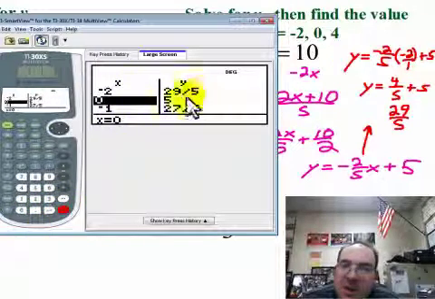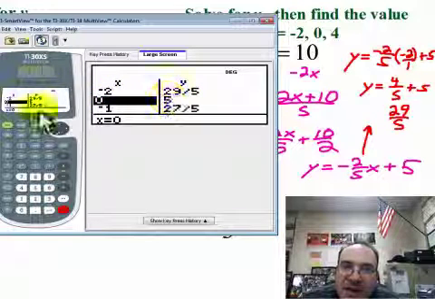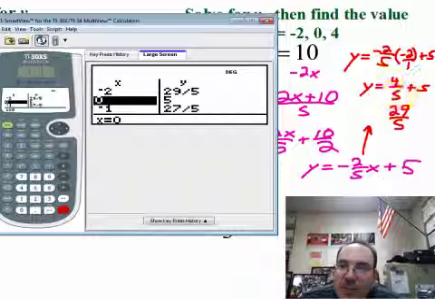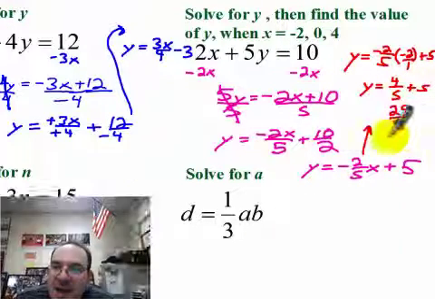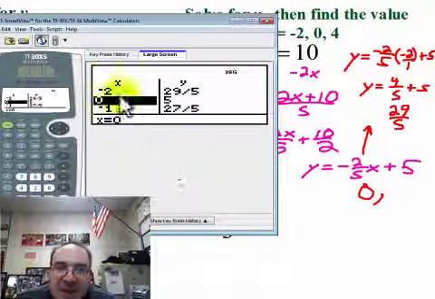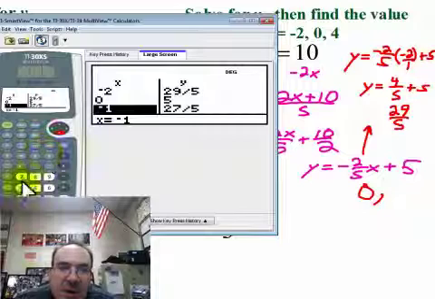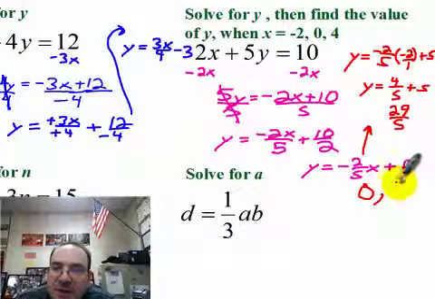So -2 gave me 14/5, like I said. Oh, 0 was already there. 0 gave me 2. And then the last answer would be what? Well, I scroll down, I'm going to type in a 4, and I get 2/5.